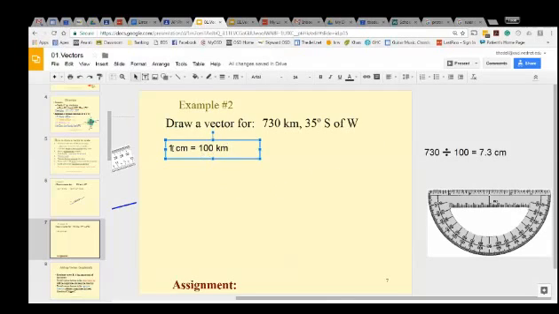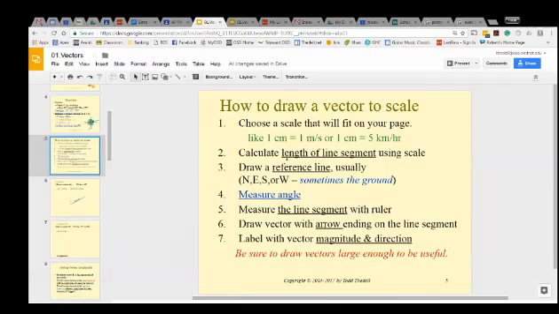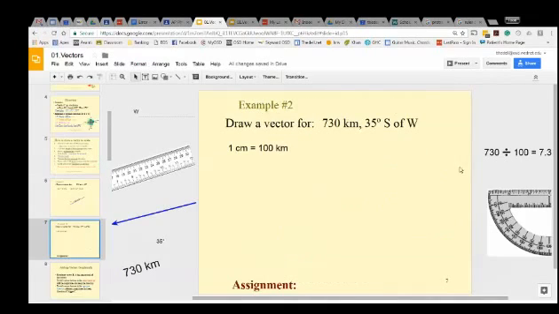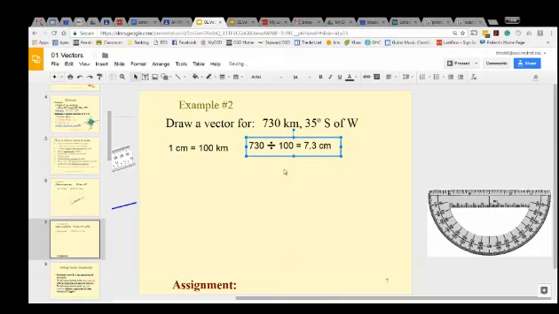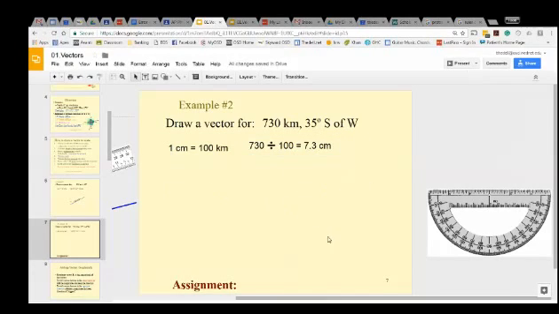I also don't want to say 1 centimeter equals 73 kilometers, though the math would be easy, because 73 would not be easy for somebody to measure out. I then calculate the length of my vector: 730 divided by 100, which is 7.3 centimeters.